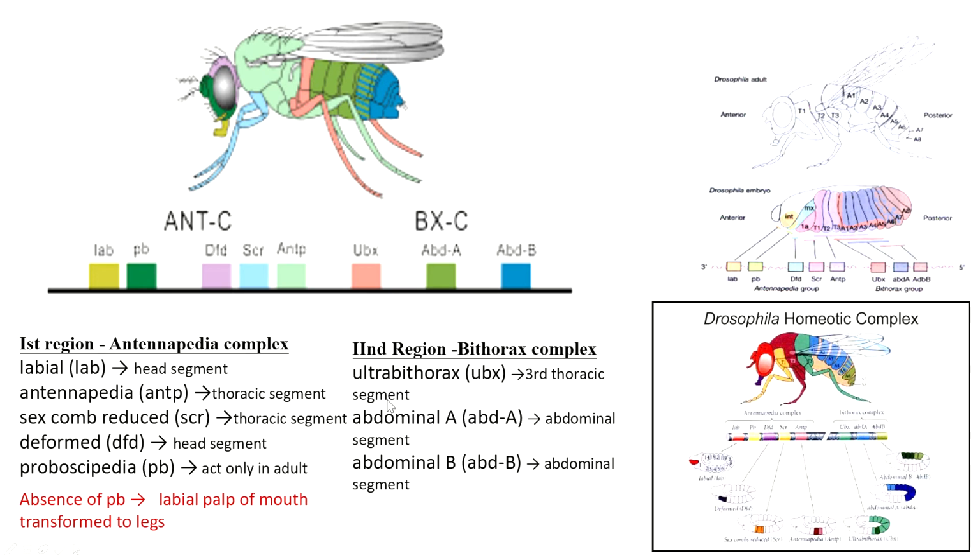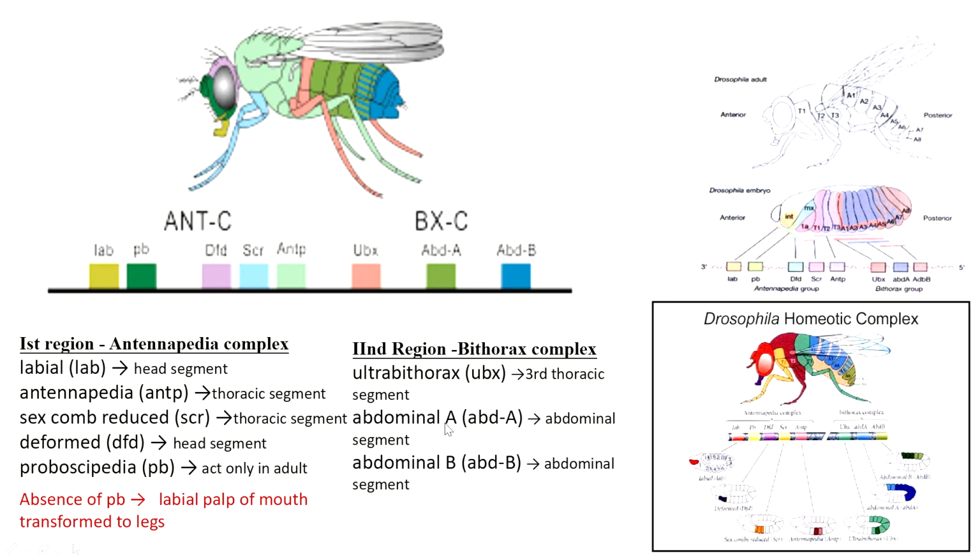The first 2 anterior thoracic segments are formed because of the antennapedia complex. Antennapedia and sex comb reduced together make the anterior 2 thoracic segments, whereas the 3rd thoracic segment is formed because of ultrabithorax. That gene comes under another class called the bithorax complex.